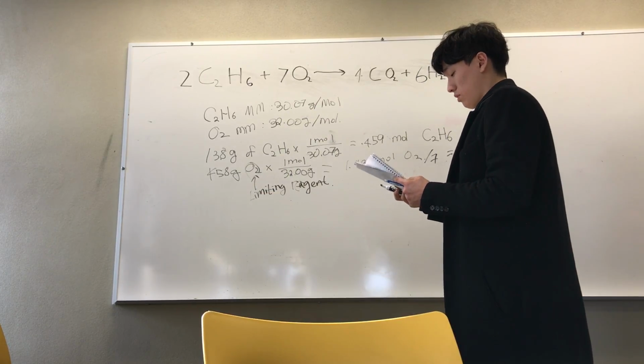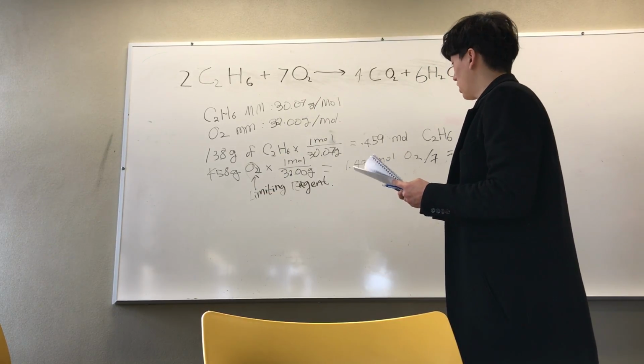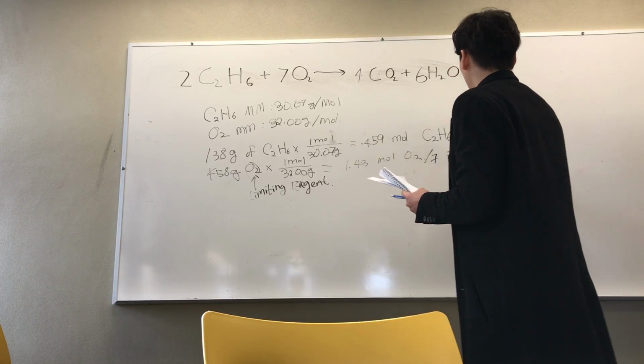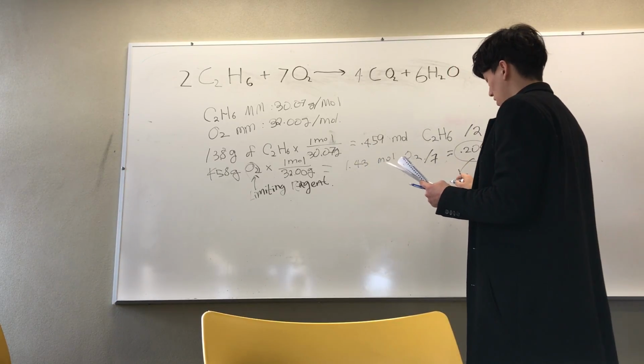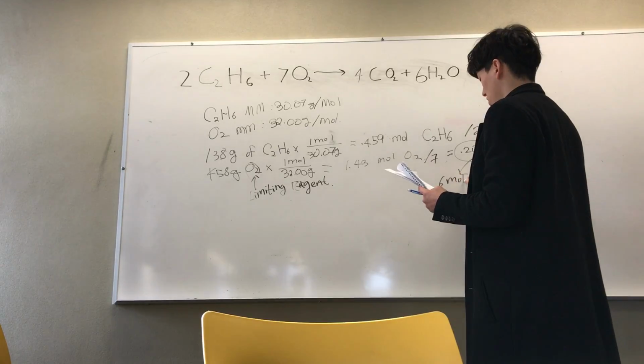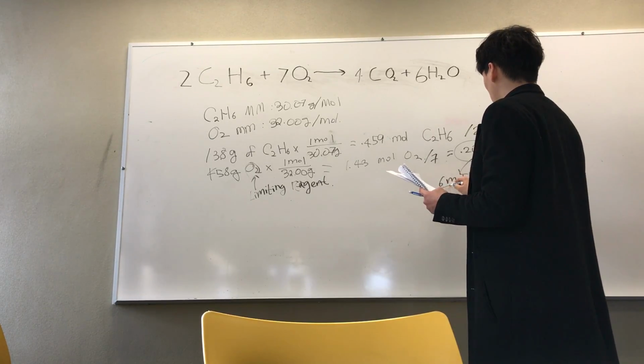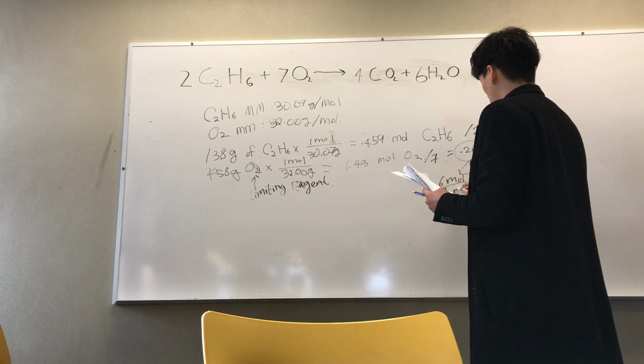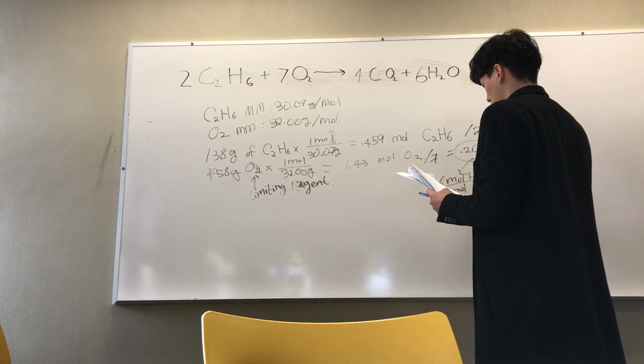And now what we have to do is multiply this number by 6 mole H2O over 7 mole O2.